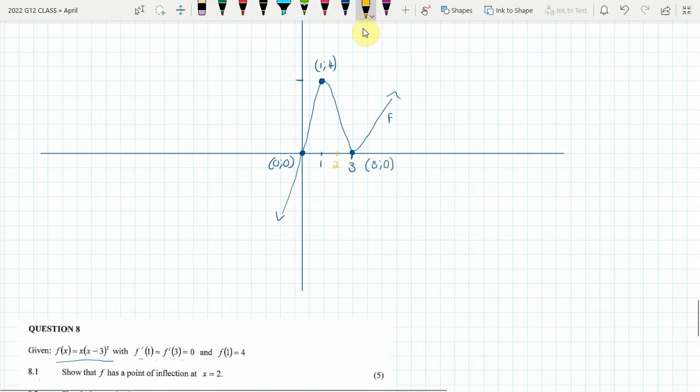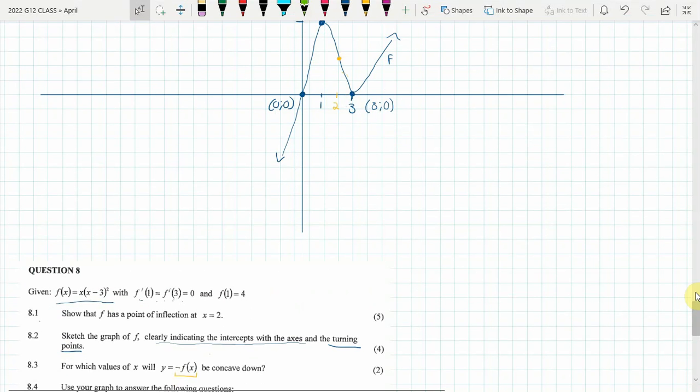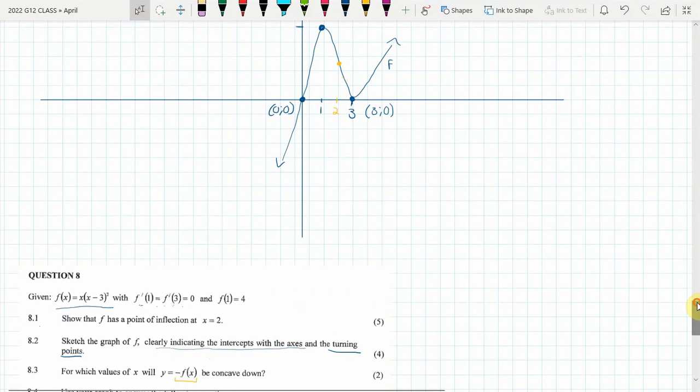The point of inflection is somewhere there. Before 3, f has already changed concavity. Now, try to think about it again. The values of x for which f itself is concave down.